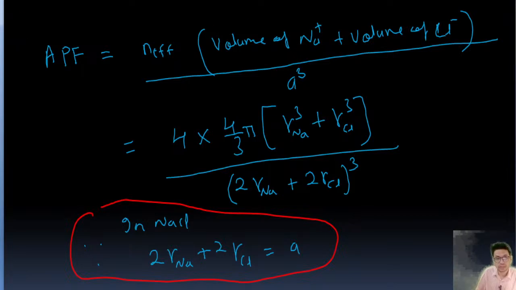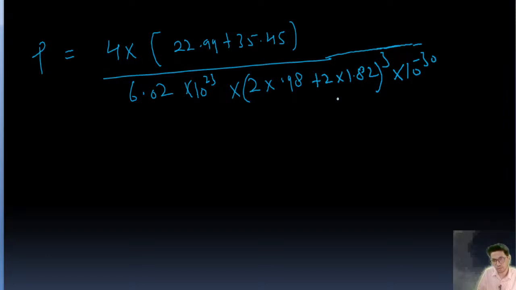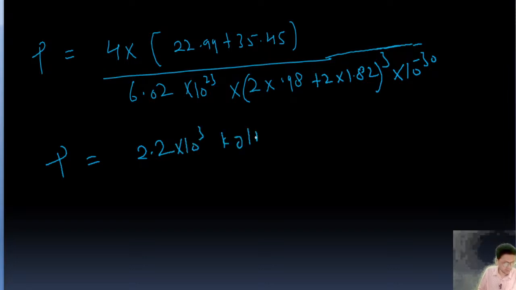It is in angstrom, guys. So 0.98 plus 2 into 1.82, whole cube, into 10 to the power minus 30, because it is in angstrom and we have converted this into meter. So rho, if we solve it, is going to be 2.2 into 10 to the power 3 kg per meter cube.